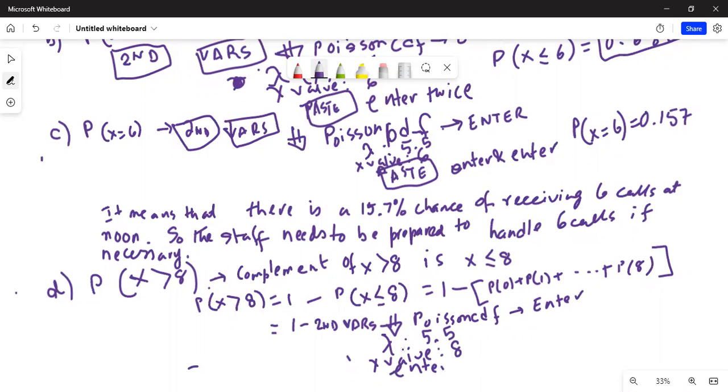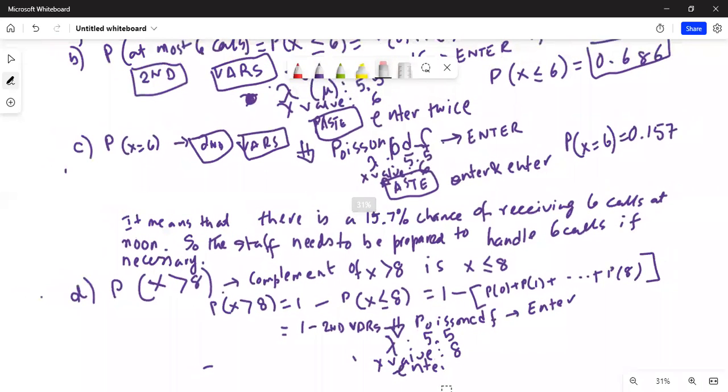Sorry, this is paste. So let's go to paste, not enter. This is your x value. The x value is 8. And then we go to paste.